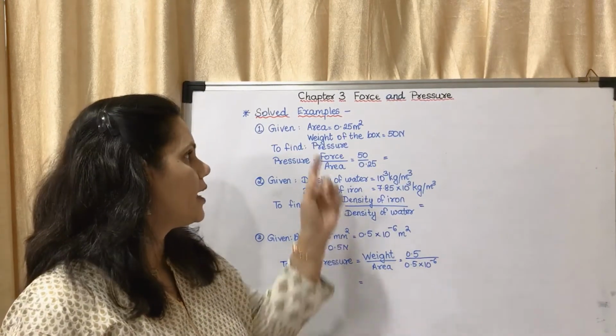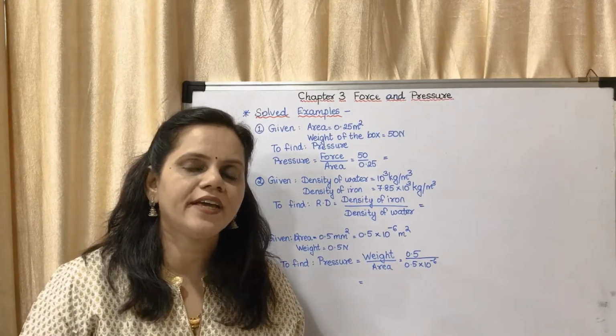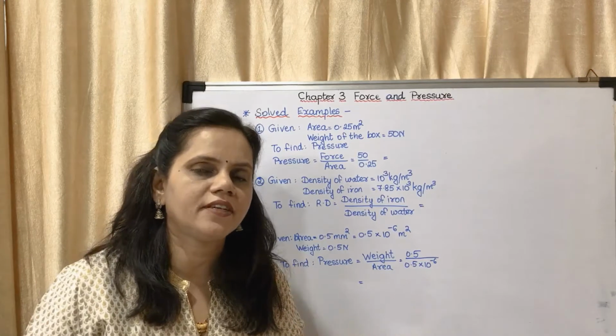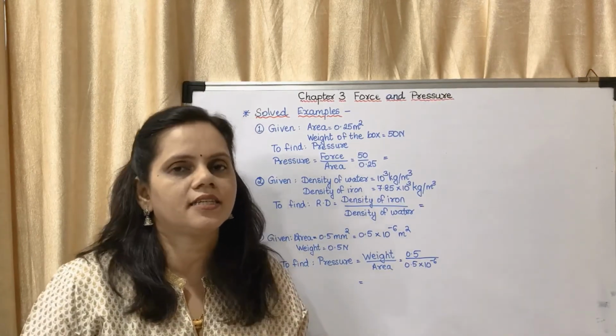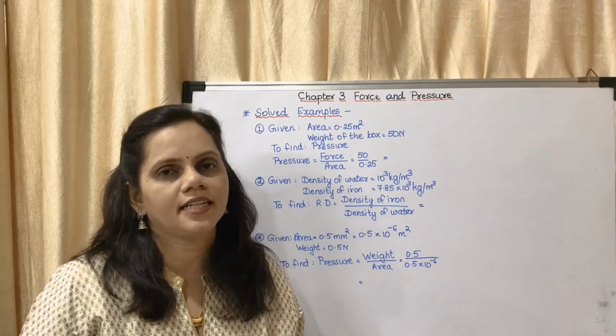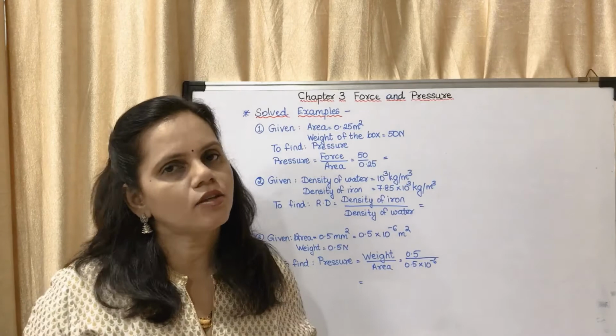Now you should know that weight and force are the same. The definition of weight is concerned with the force with which earth is attracting that object. So weight is the same as force.